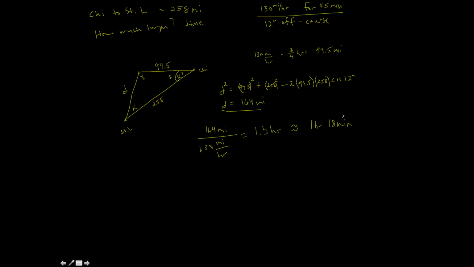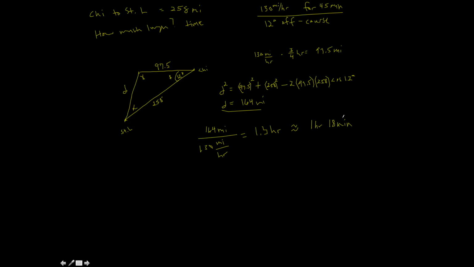If you're given all three sides, use the law of cosines to find the largest angle. If you're given two sides and an angle, if one of the sides is opposite the angle, use the law of sines. If not, use the law of cosines. That's kind of your general strategy.